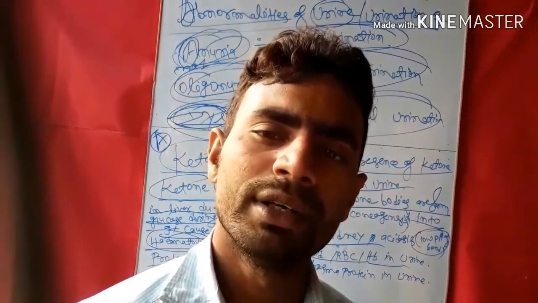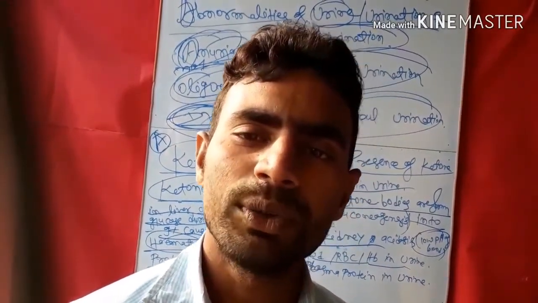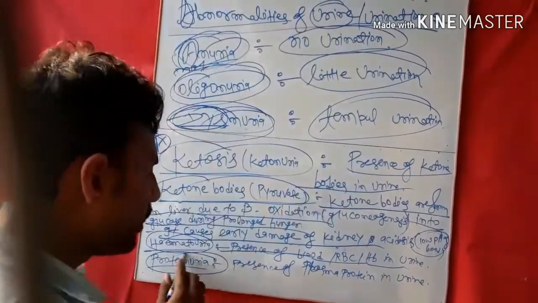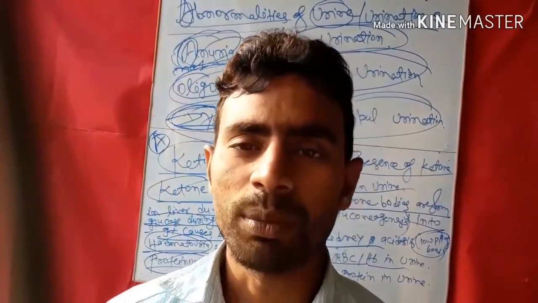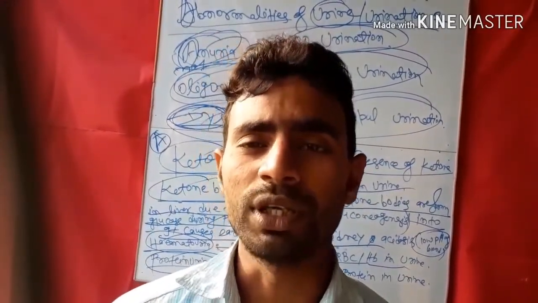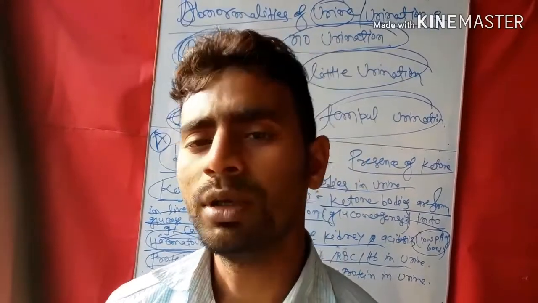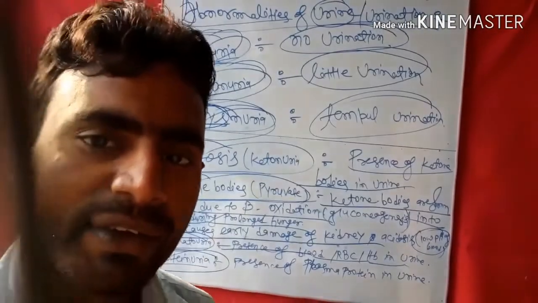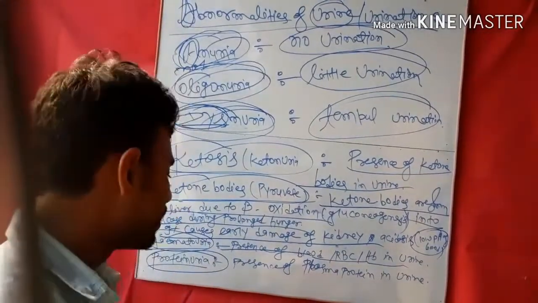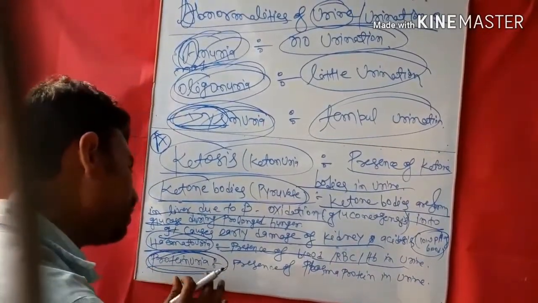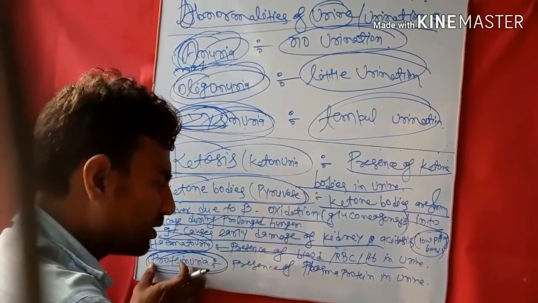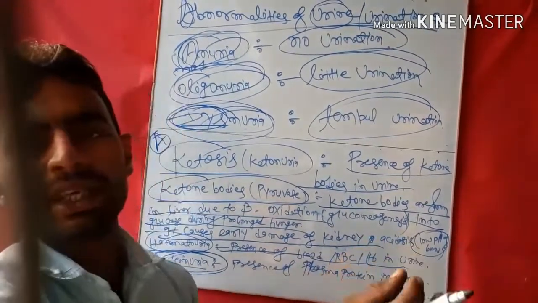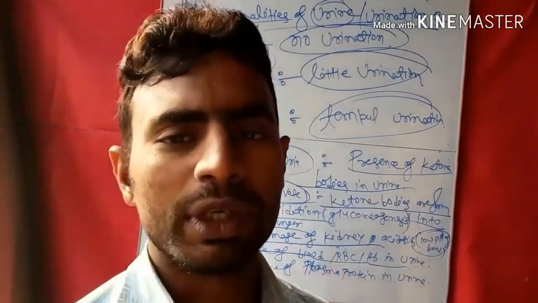Presence of blood in urine is called hematuria. Next is proteinuria. The presence of plasma protein in urine is called proteinuria. The answer is hidden in the term itself: the presence of protein in urine is called proteinuria.